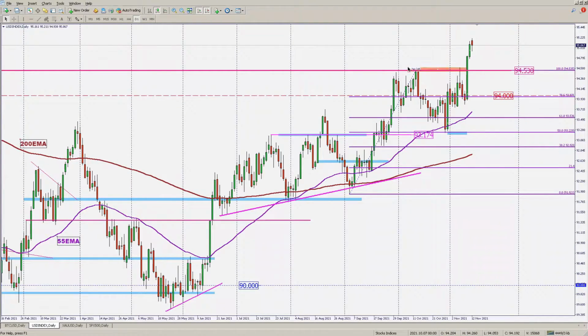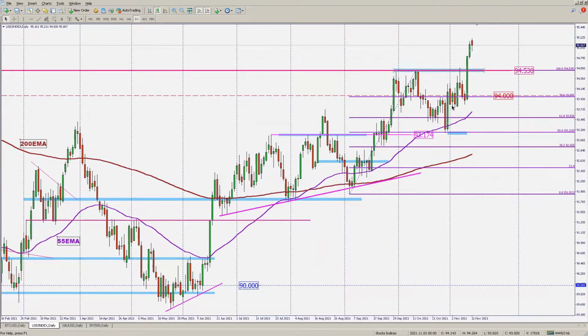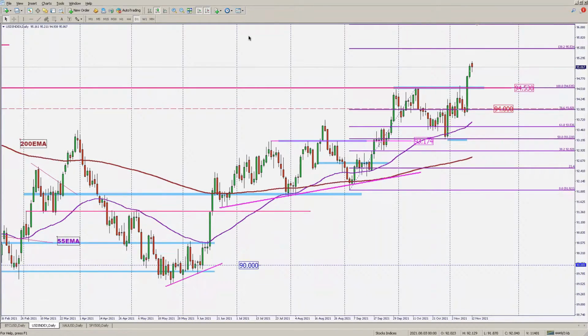So this was the previous resistance. It will now be support. And let's mark this resistance zone at the 95.50 area.